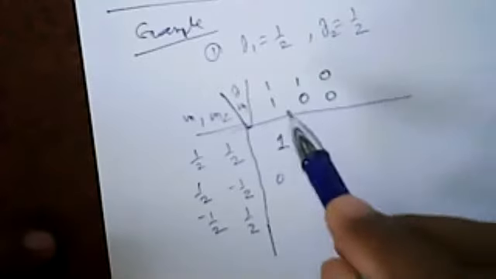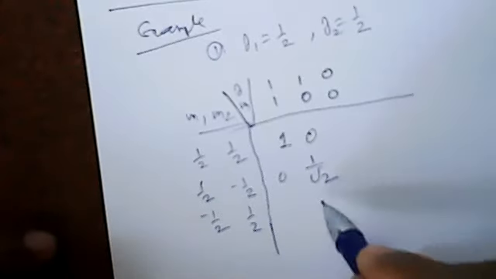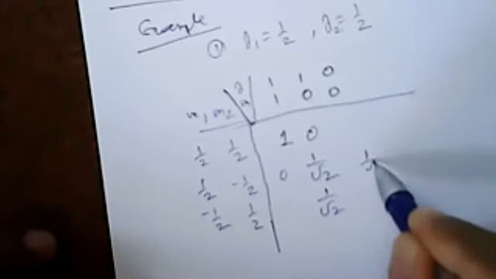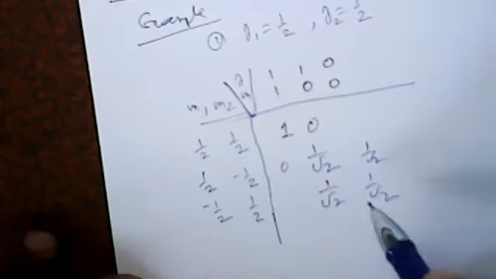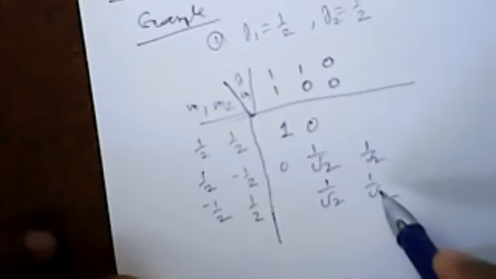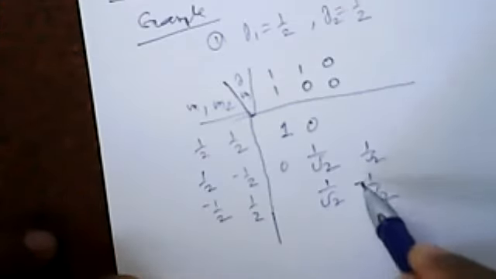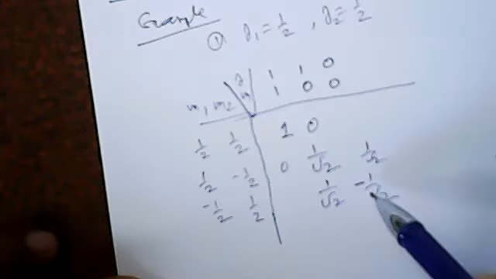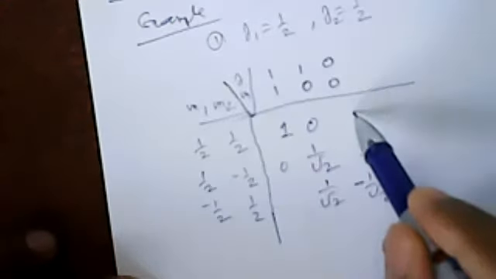Similarly, calculating all of these, the entries will be 1 by root 2, 1 by root 2, 1 by root 2, and the last one, which due to orthonormality, should be negative. All the others are 0.